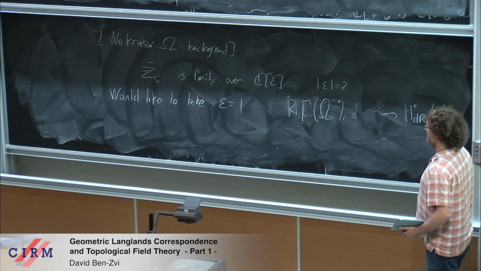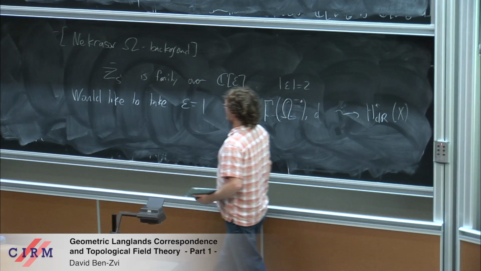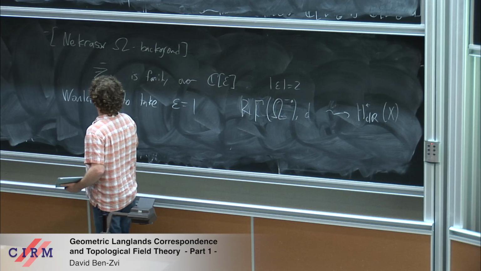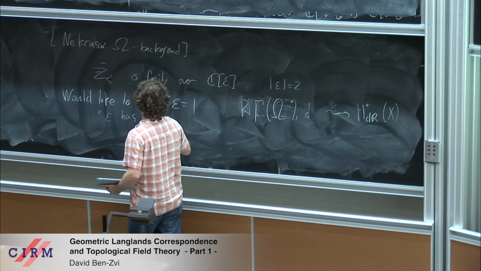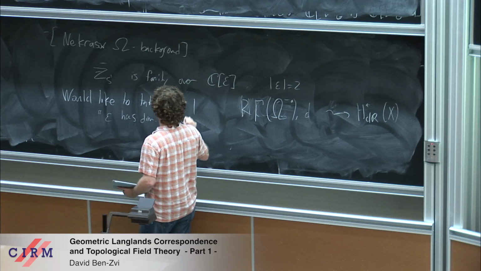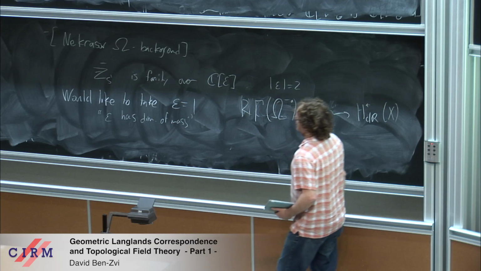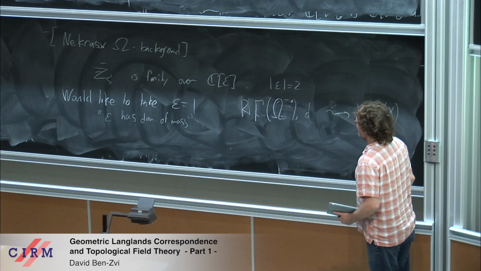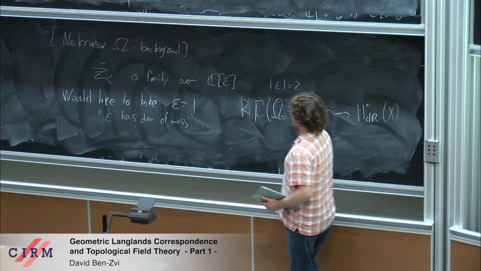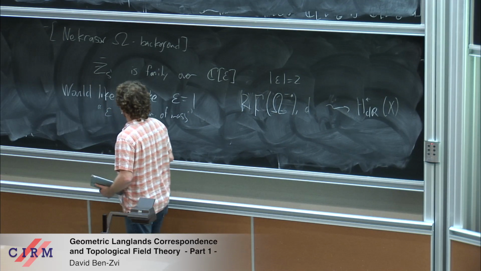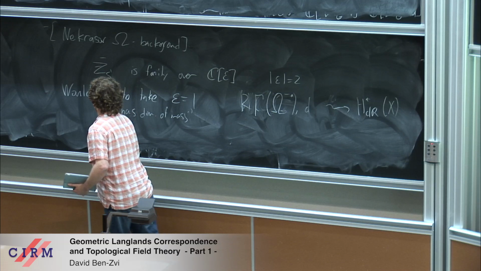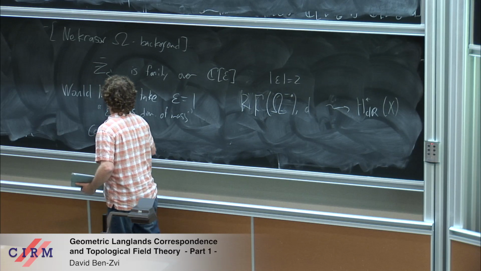Unfortunately, this doesn't literally make sense, as epsilon is a graded parameter. The physicists would say epsilon has dimensions of mass, so it doesn't make sense to compare it to something dimensionless. And so what would we say? We can't take epsilon to be 1, but what we can do is invert epsilon.